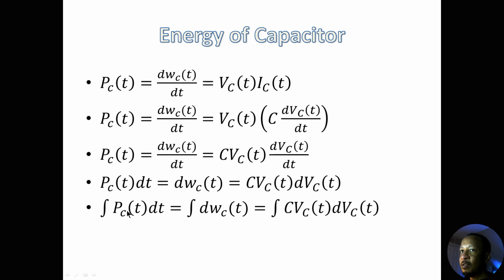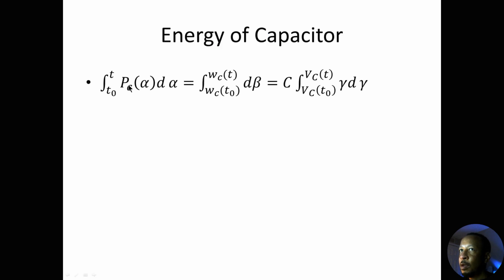And so now we're integrating P_C(t) with respect to time here, but we just set up our integrals initially, and we do that to these other terms over here, which are our dW_C(t) and our C V_C(t) dV_C(t). We integrate on each one of these terms. So next we set up our integration limits and continue to integrate.